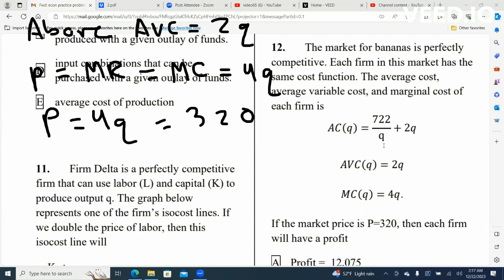Be careful, we all get price and profit mixed up. The market price is 320. Divide both sides by 4, so Q equals 80. Through that analysis, we get Q equals 80.